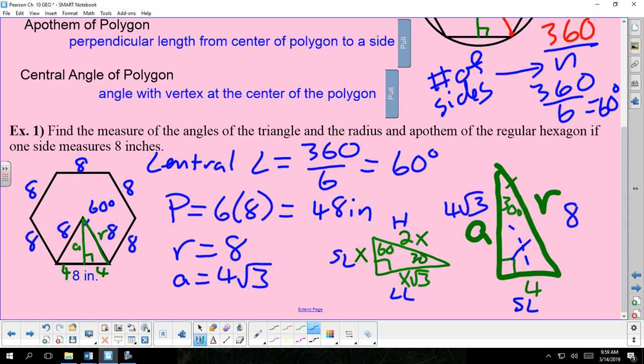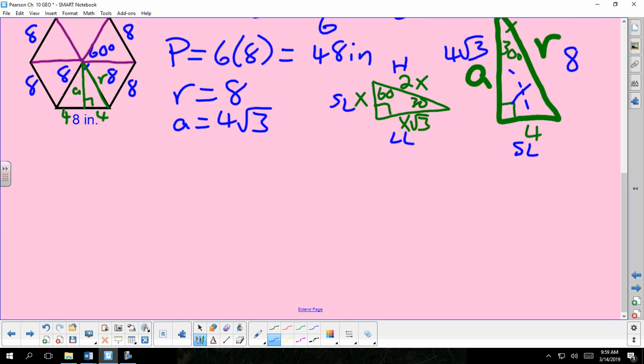So what do we notice about the hexagon, the regular hexagon, that makes it so beautiful? It is made up of 6 equilateral triangles. So could I figure out the area of one of these equilateral triangles?